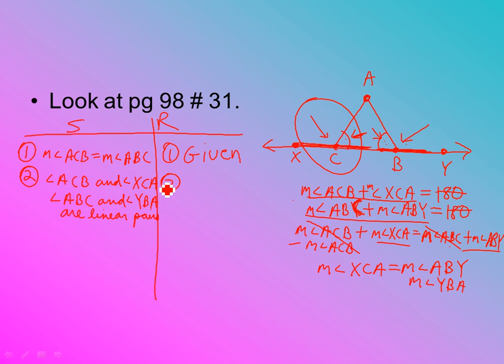We knew that they were linear pairs because if two angles together make a straight angle, then they are linear pairs. So if those two angles together make a straight angle, then they're linear pairs.